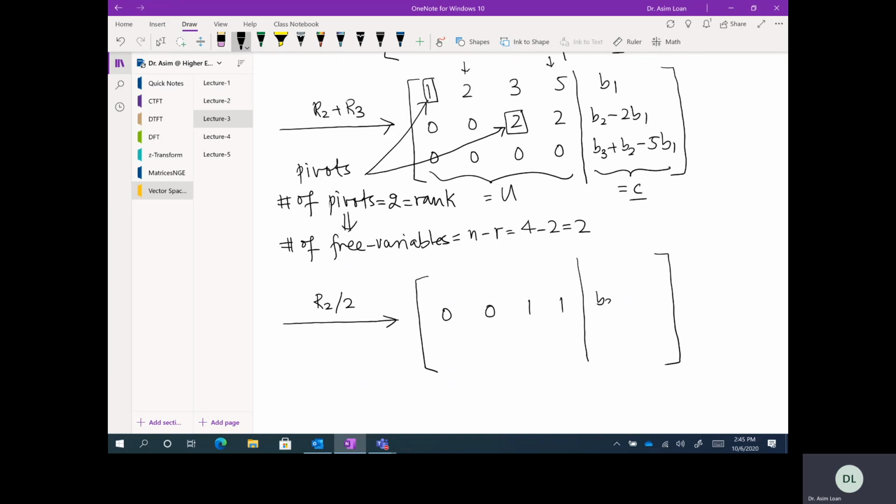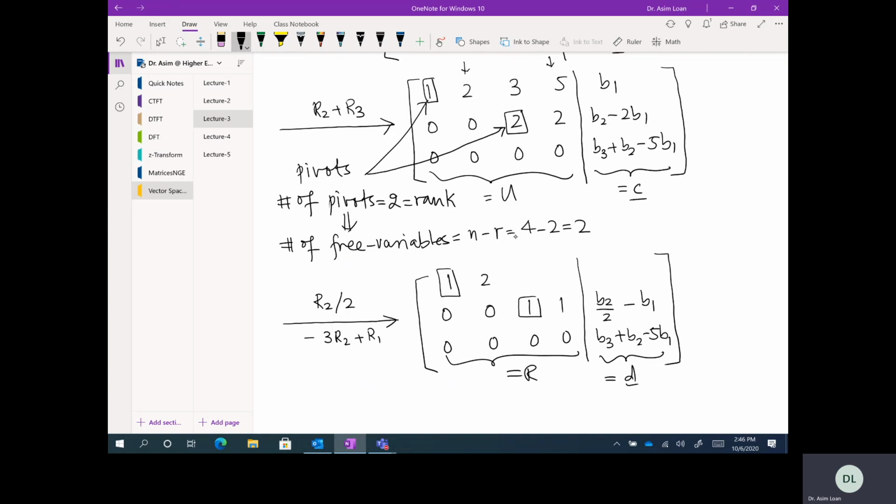This becomes b2 by 2 minus b1. This is 0, 0, 0, 0. This is still b3 plus b2 minus 5b1. And then I do minus 3 row 2 plus r1. So this is 1, this is 2. It doesn't make a difference because these are zeros over here. Again, this is my pivot, this is my pivot. This is going to be R, and this is going to be d.